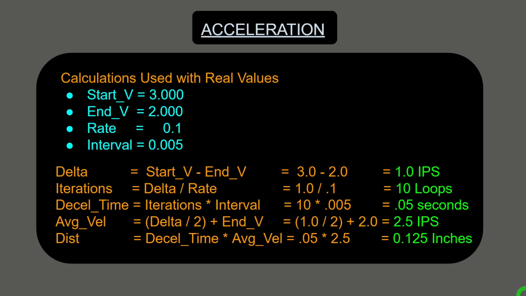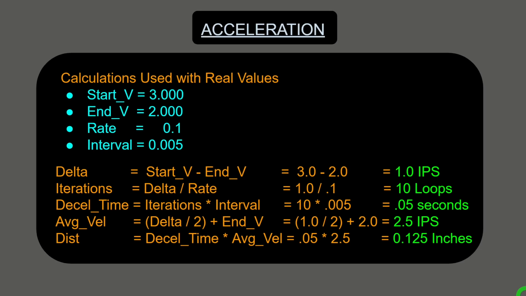For our decel time, we would take the number of iterations times the interval, in our case 0.005, so that would be 10 times 0.005, and that gives us 0.05 seconds, or 50 milliseconds. Our average velocity is the delta change divided by 2 plus the ending velocity. Remember, this is deceleration.